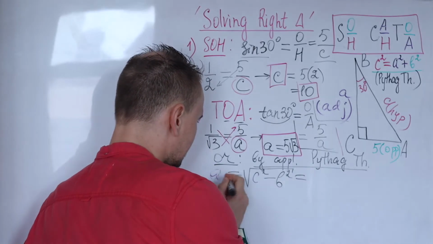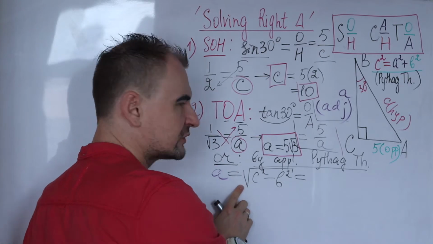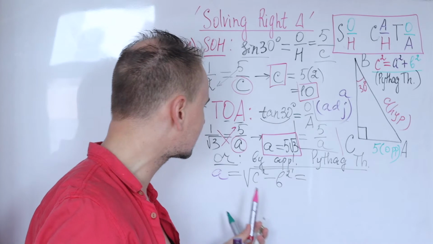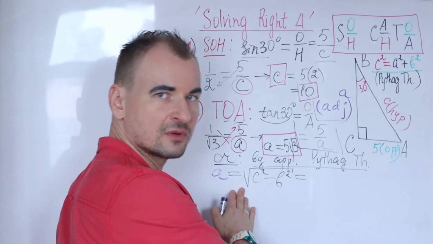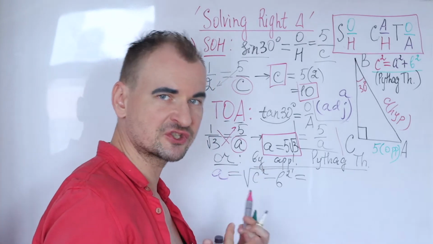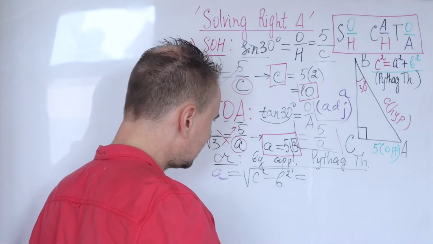I want to pay your attention that I'm going to take the positive square root, since that's the length of the side. It cannot be negative, it's meaningless. So you always take the positive value of square root, since generally square root has two versions, positive and negative. Now let's substitute.